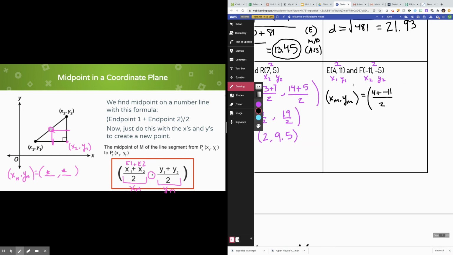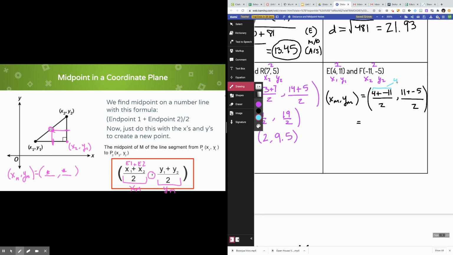Okay, and so we have 4 plus -11 over 2, and then we have y1 is 11 plus -5 divided by 2. Okay, so let's simplify these. So 4 plus -11 is the same as saying 4 minus 11.